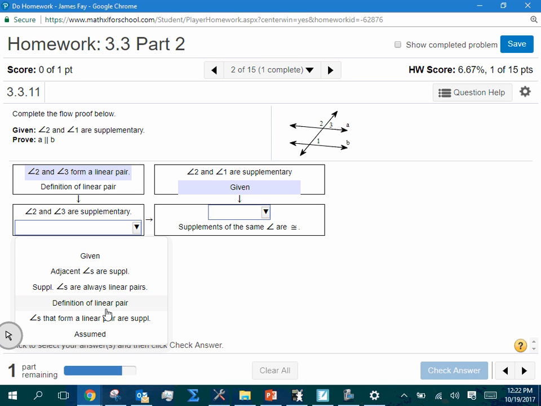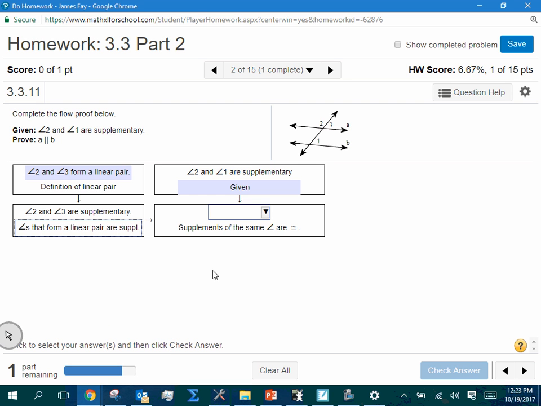The definition doesn't have anything to do with the angles being supplementary. The definition of a linear pair is 2 adjacent angles whose non-common sides create a straight angle. It says nothing about the word supplementary. We're looking at the linear pair postulate: angles that form a linear pair are supplementary. So we click that.